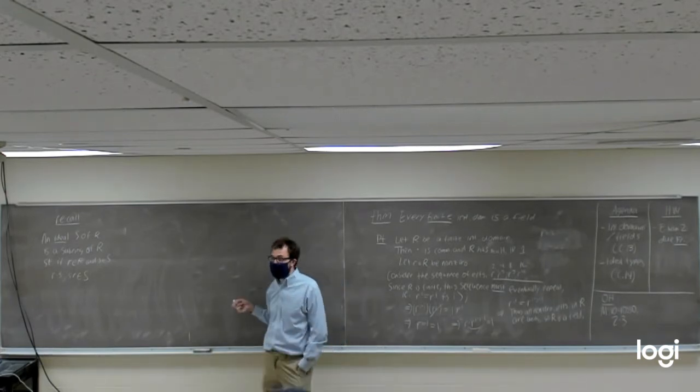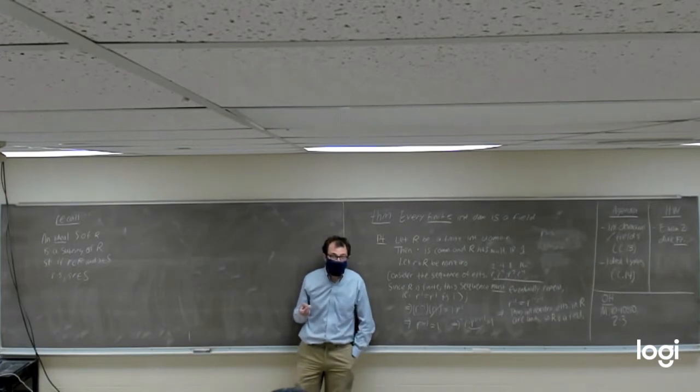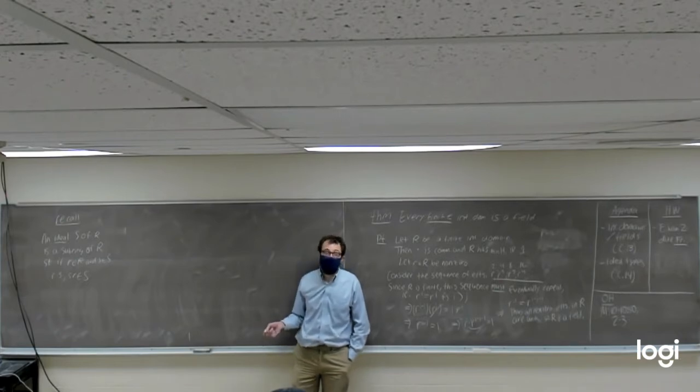Just like with the integers, if you look at nZ, you take multiples of n. If you take any multiple of n and you multiply by any other integer, you're still going to have a multiple of n.